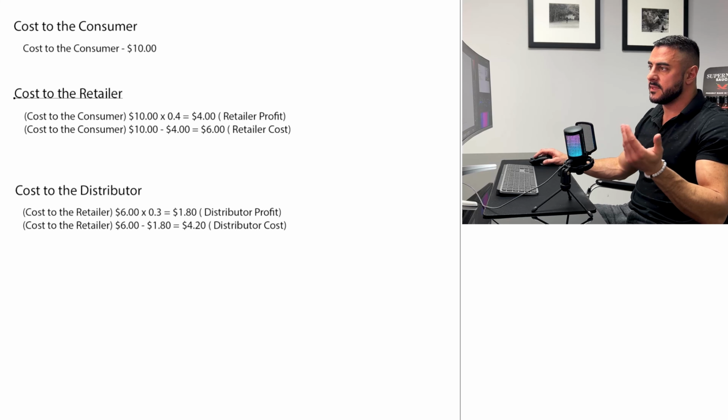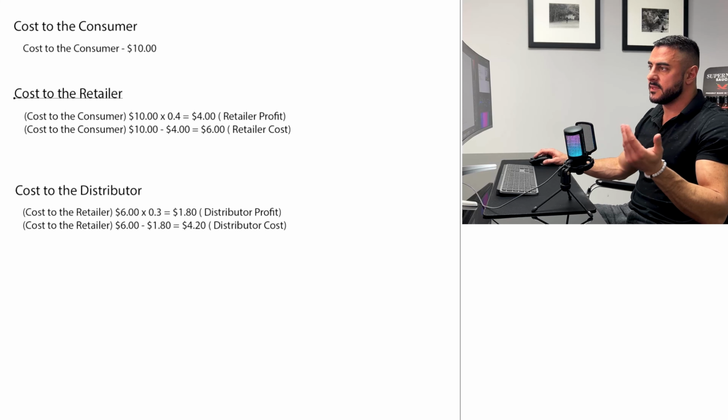Downstream from that, we were planning for the future. So we said, as we expand our product and as we expand our business and we want to get into different states and possibly even different countries, we're going to need a distributor in order to be able to facilitate that growth. So because we're going to need a distributor down the line, we decided that we're going to actually factor this distributor into our pricing strategy. So how did we do that? We took the cost to the retailer, which was $6.